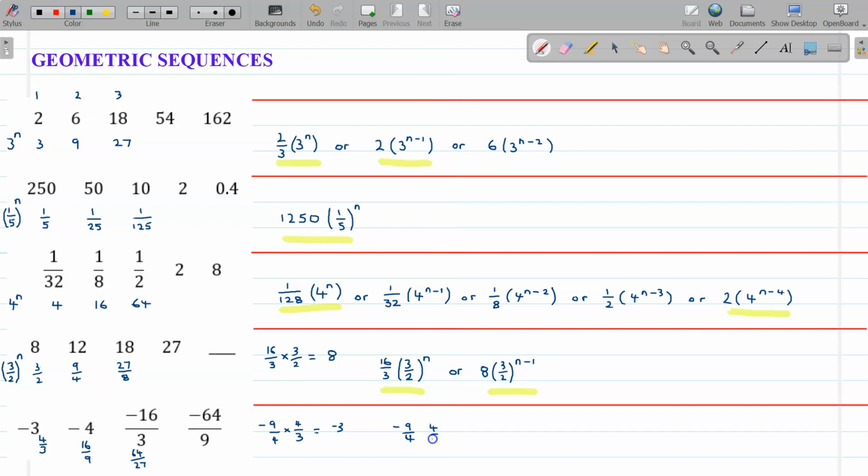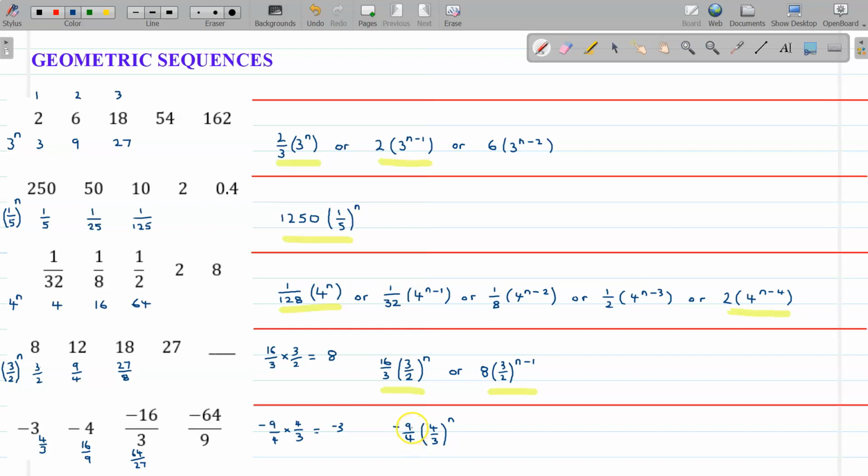Now that's a particularly tricky sequence, and it's unlikely you would get anything like that in a GCSE paper. Okay, if I wanted to change that to an n minus 1, I'd need to multiply this by 4/3.